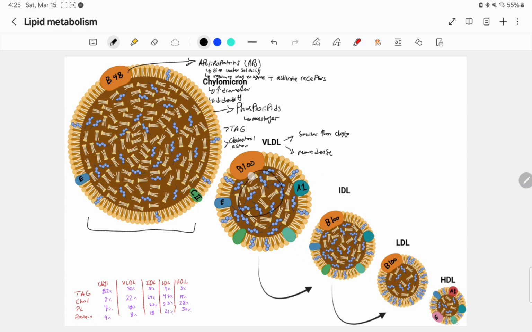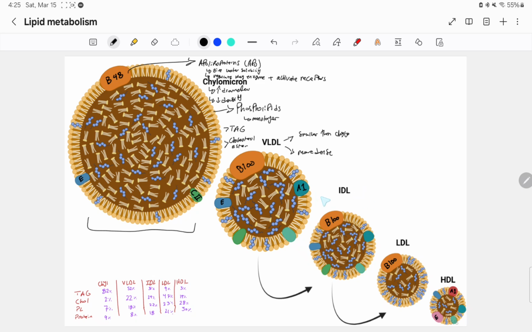All of these little lipids inside of it get slowly drained out, and the smaller and smaller it becomes, it'll slowly turn into first the IDL, and then that IDL will turn into an LDL molecule, where it's almost devoid of triacylglycerols and only has cholesterol in it. So the VLDL can turn into IDL, and the IDL can then turn into LDL, but they're all coming from this giant VLDL molecule.